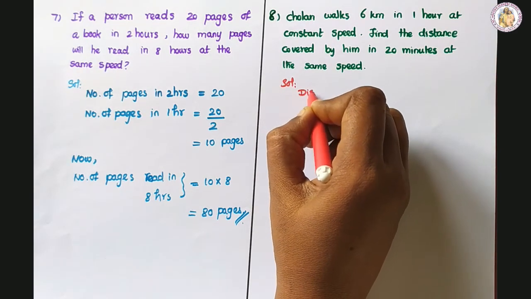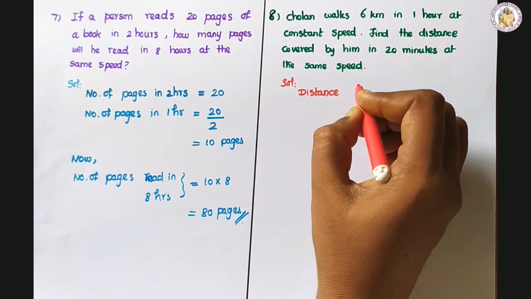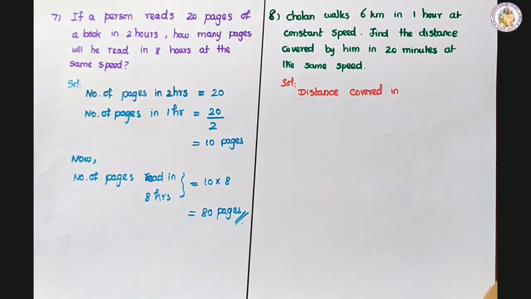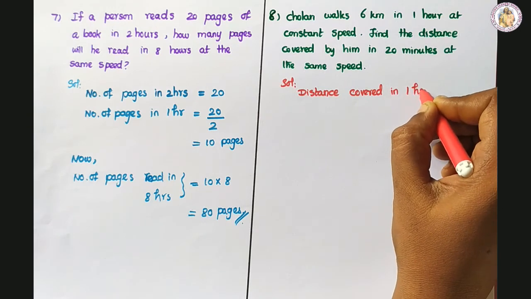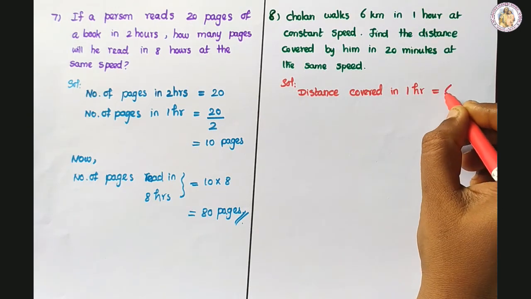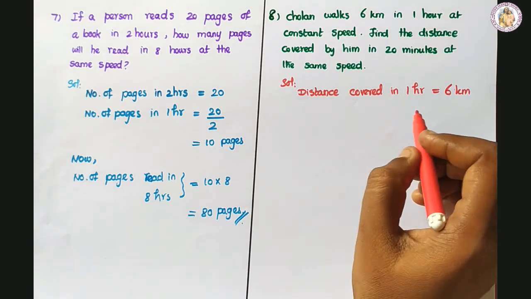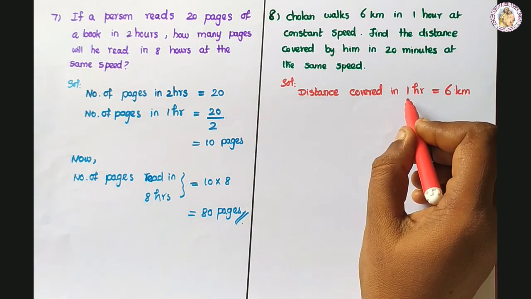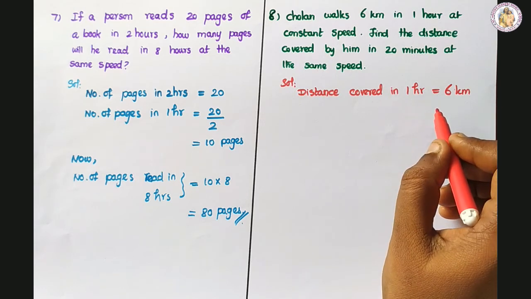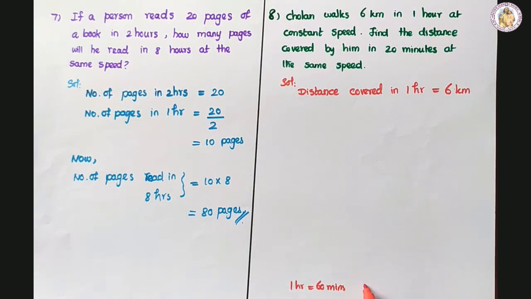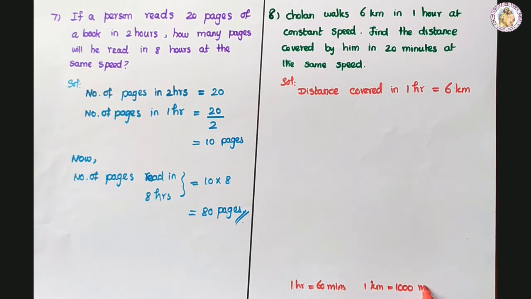So, distance covered in 1 hour equal to 6 kilometer. 1 hour equal to 60 minutes. We know that very well. So, 1 hour equal to 60 minutes and 1 kilometer equal to 1000 meters.